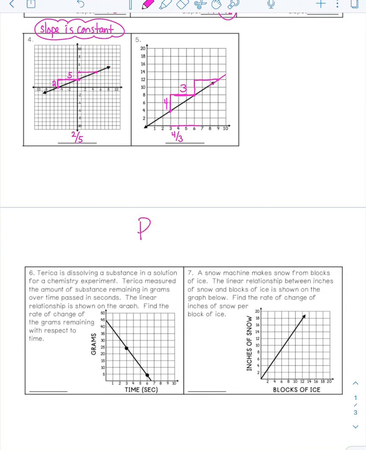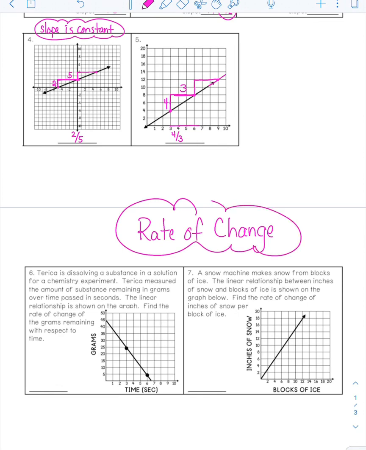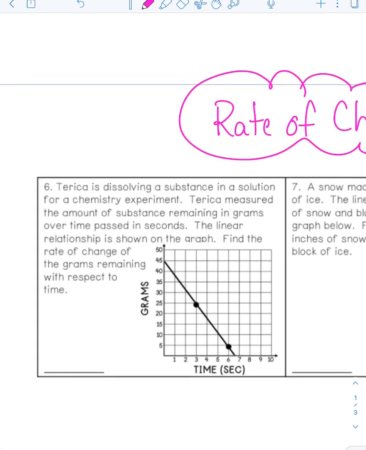So when you have a real world situation, you can still find the slope of a graph. But it's called rate of change. So let's look at an example of this. Terica is dissolving a substance in a solution for a chemistry experiment.